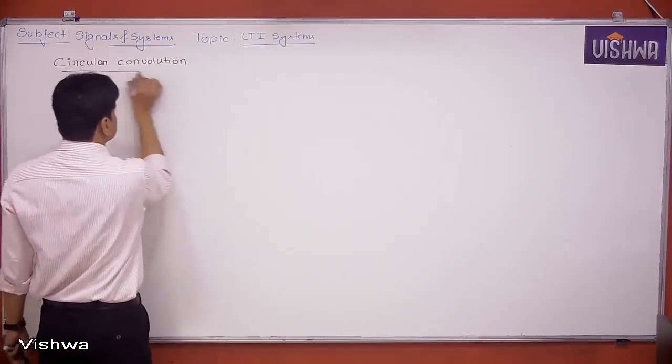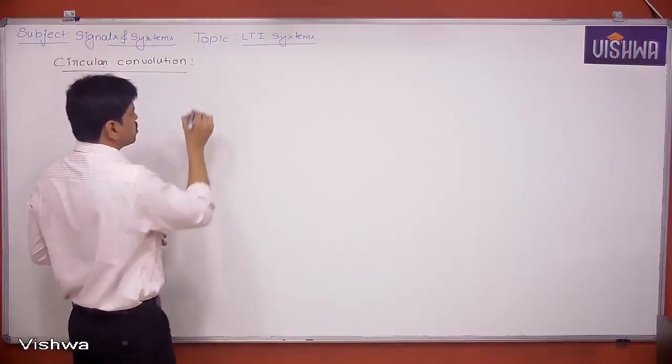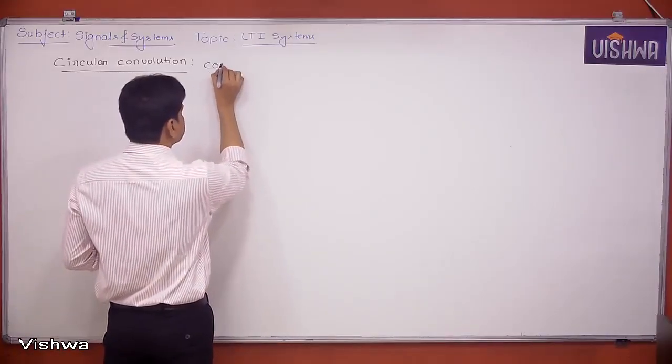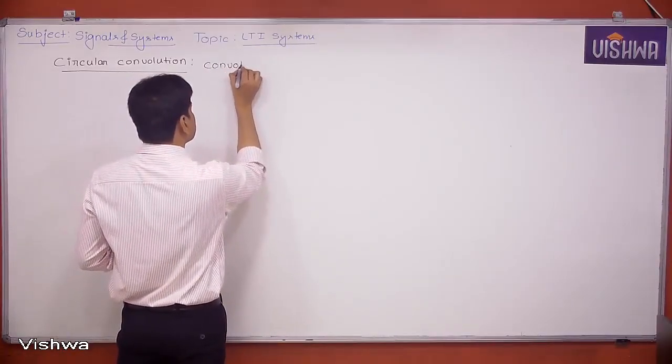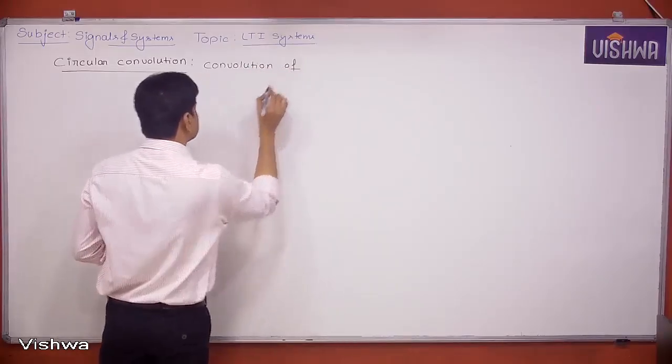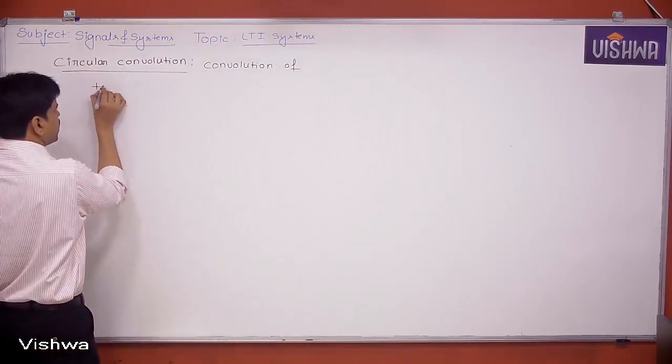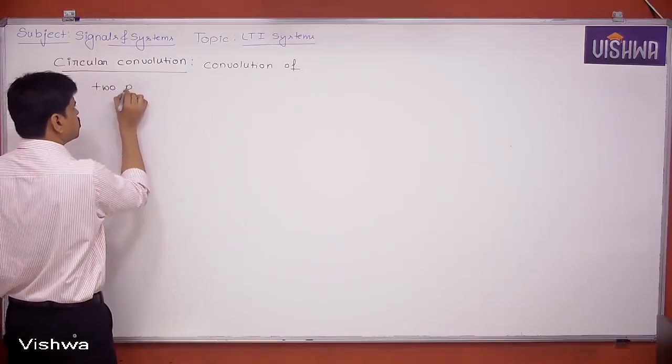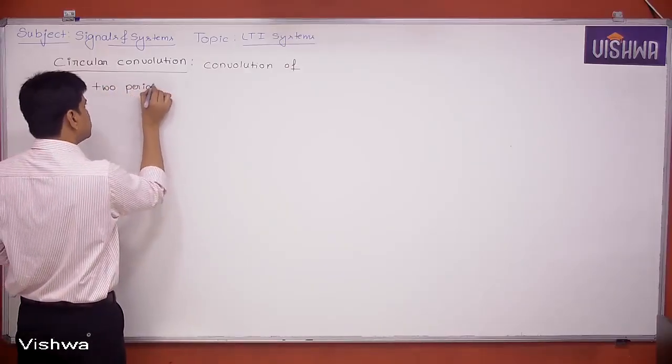Circular convolution, which is nothing but convolution of two periodic signals.